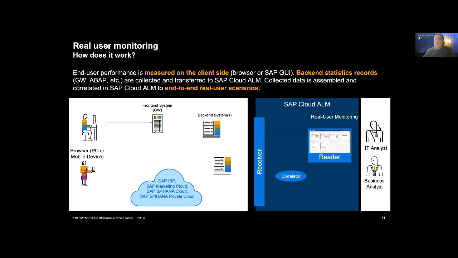Then Cloud ALM will assemble and correlate the data to an end-to-end real user scenario, real user execution. And the SAP Passport technology works as a correlator to identify the sub-request components within one single execution.